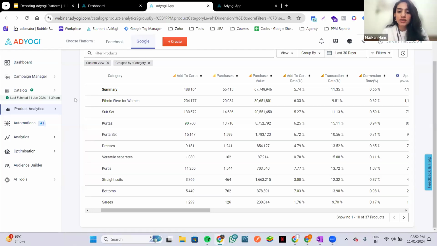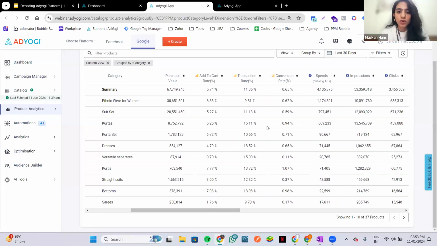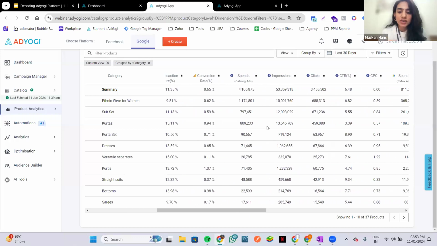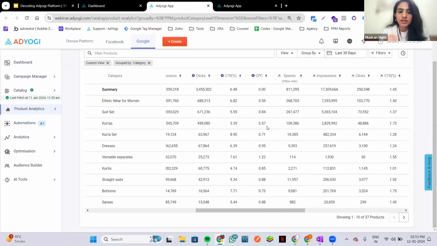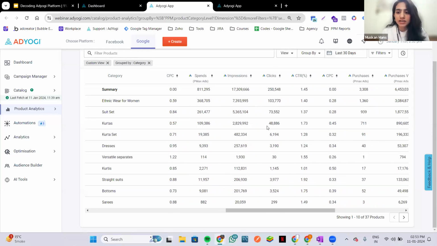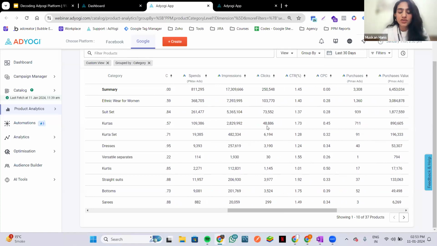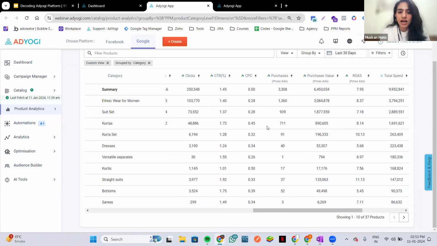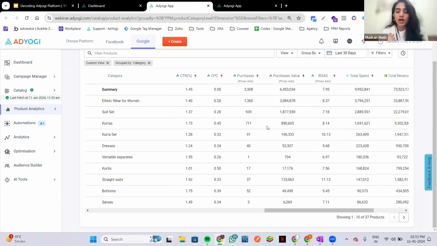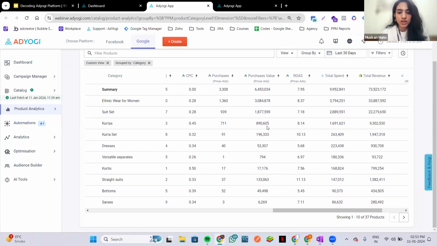But not just these 4-5 metrics, we have a proper list of metrics that you can see under the custom view. That is the fourth view that you can see from the drop down of views on the top. So we have certain metrics fetched from GA, then we have certain metrics fetched from Facebook, that is spends, impressions, clicks, CTR, etc. Then we have certain metrics fetched from your Google ads as well, that is your ad spends going into Performance Max ads, the number of purchases, the amount of purchase value, what was the ROAS, and what was the revenue generated.